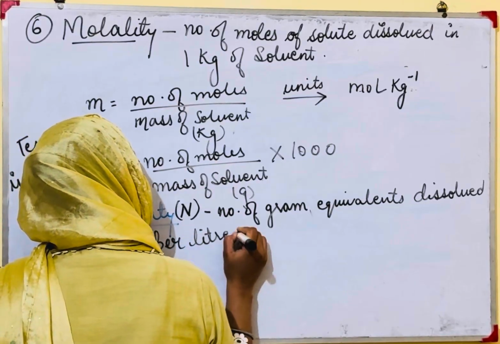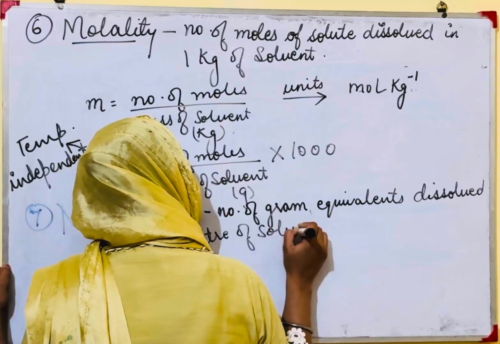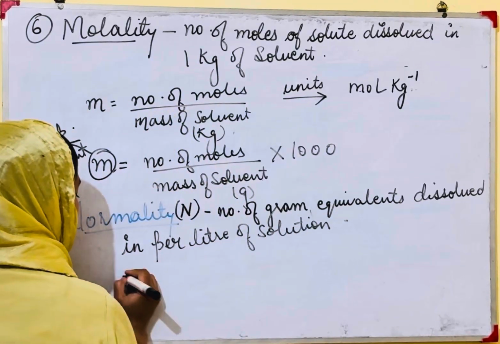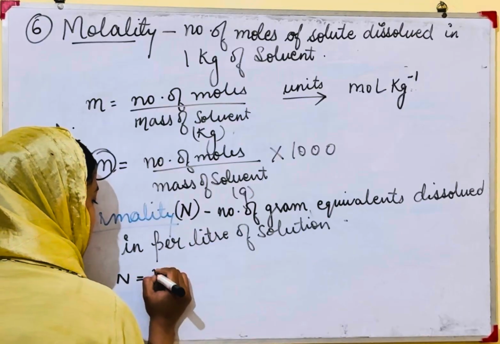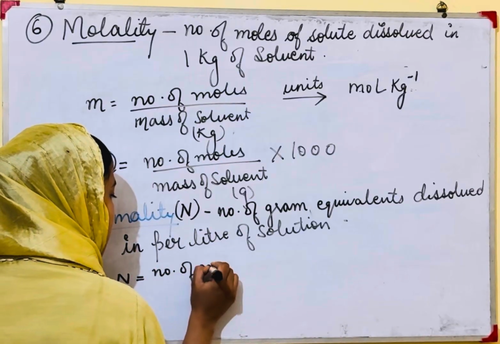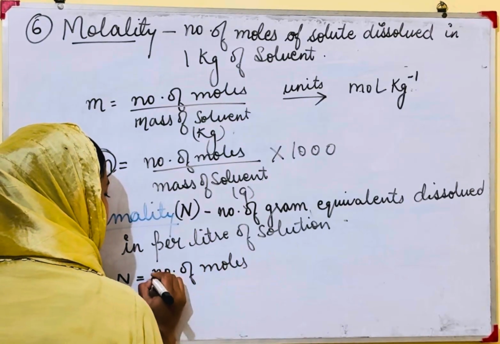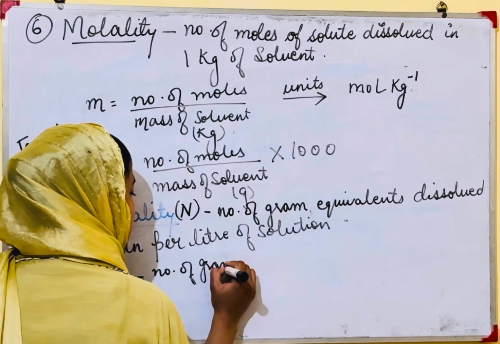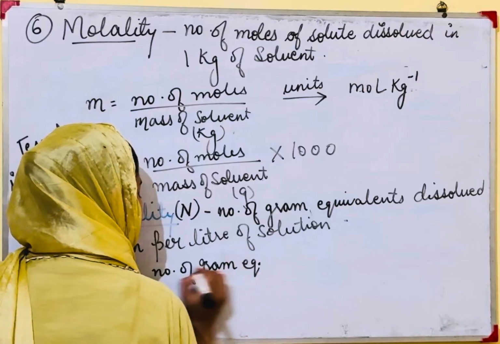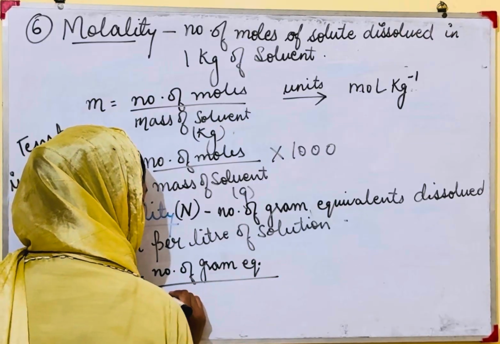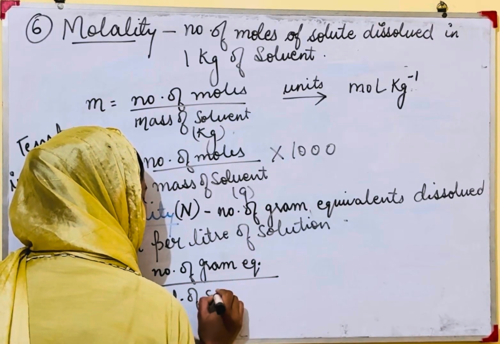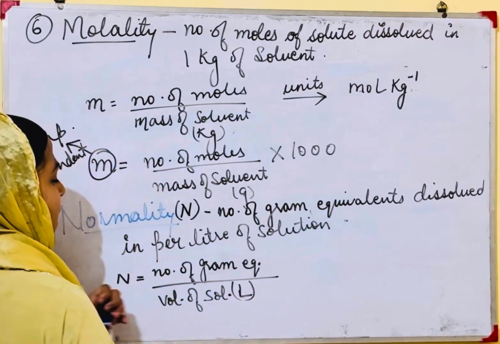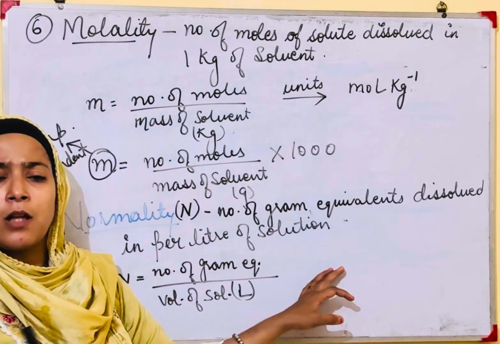So capital N is number of gram equivalents divided by volume of solution in liter. If we take ml, then we have to multiply by 1000.